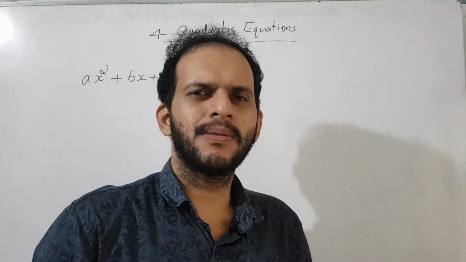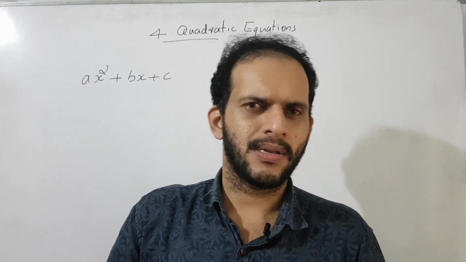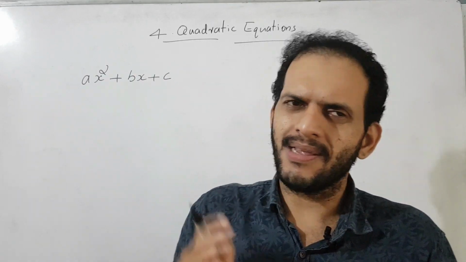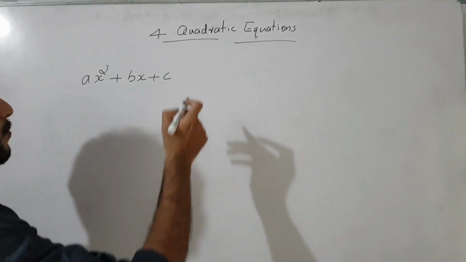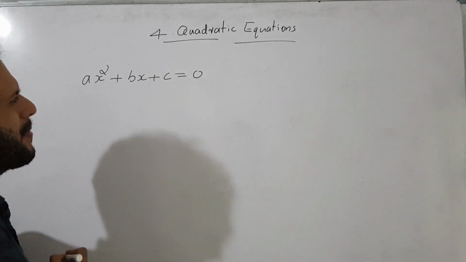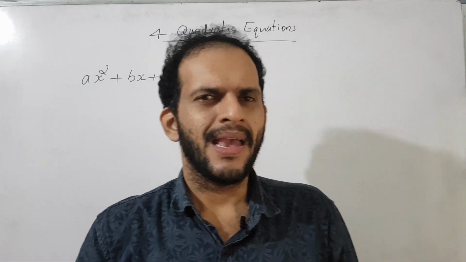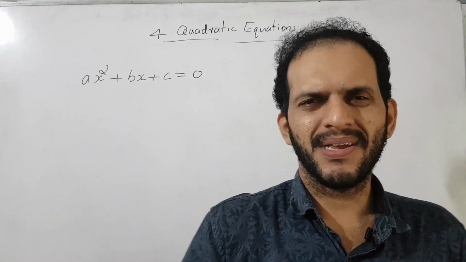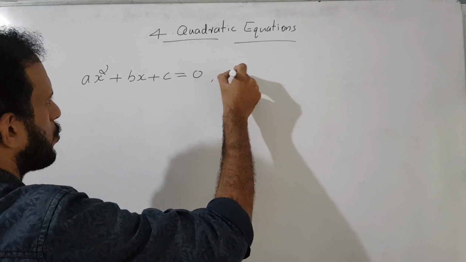Then for the quadratic equation, the standard form is ax square plus bx plus c is equal to 0, and a is not equal to 0.